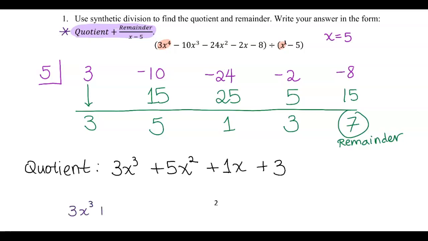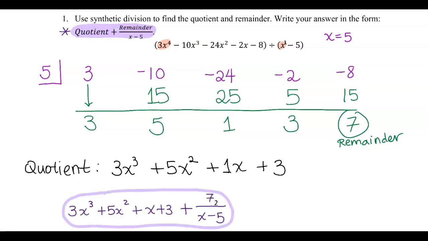Write the quotient first, and then do plus remainder over x minus 5. Remainder is 7, so I'll do 7 over x minus 5. So that is how you use synthetic division to find the quotient and a remainder.